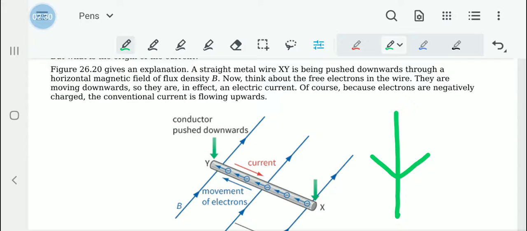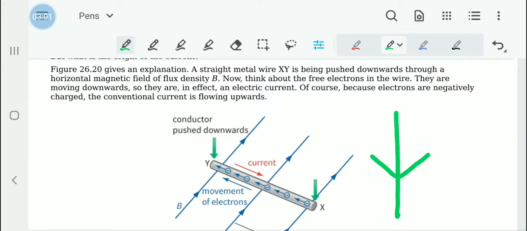So we are pushing it down in this direction. Then the free electrons get a push, and the electrons start moving downwards. If there is a movement of electrons, that results in a current.